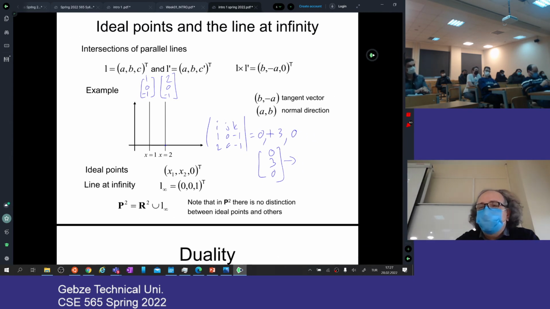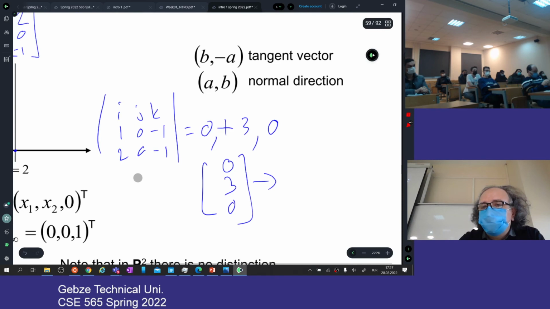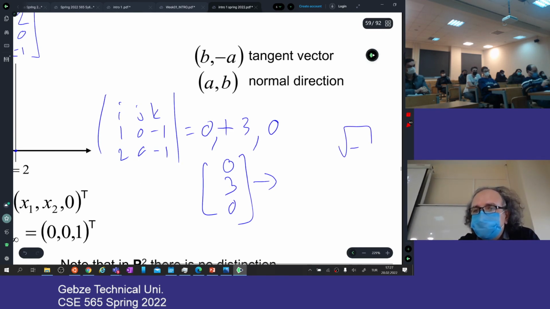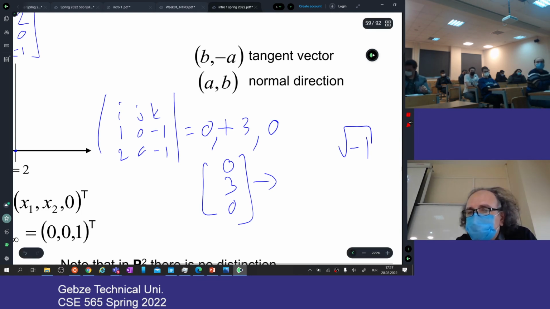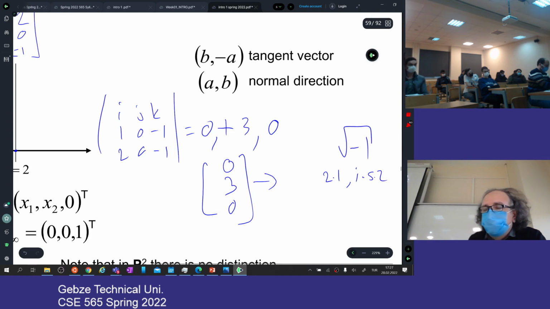Remember, when we needed to deal with the square root of -1, we couldn't do anything. What kind of number is this? I cannot do that. So instead of using a single real number, why don't we use 2.1 plus i 5.2, so complex numbers.